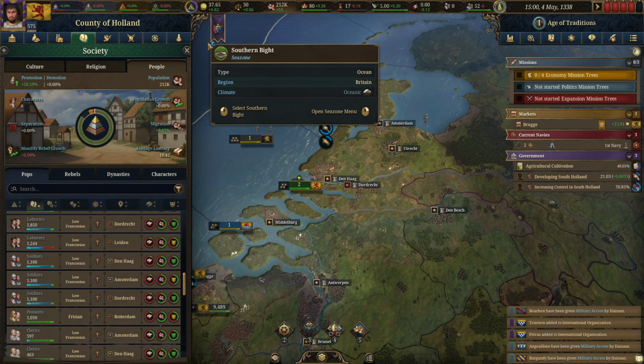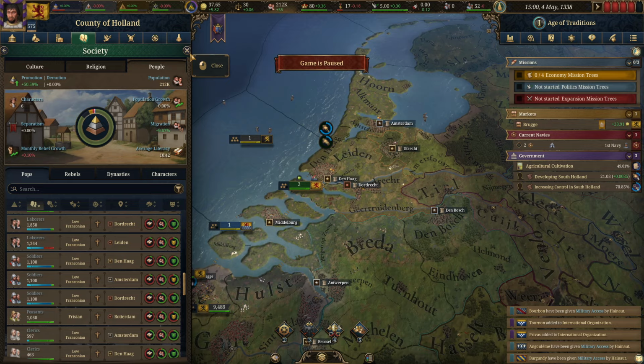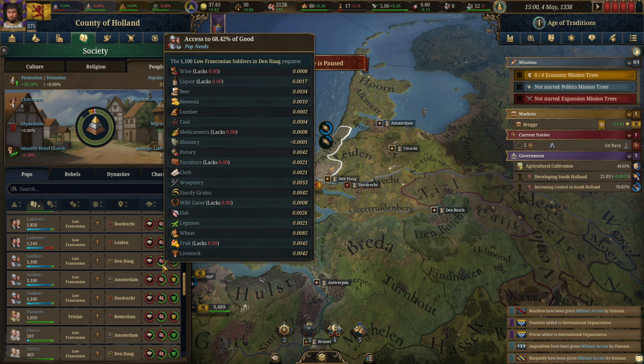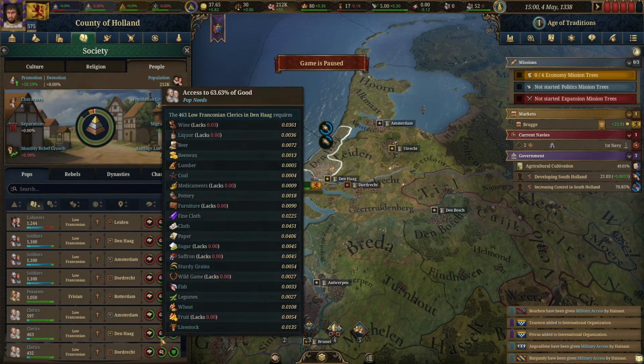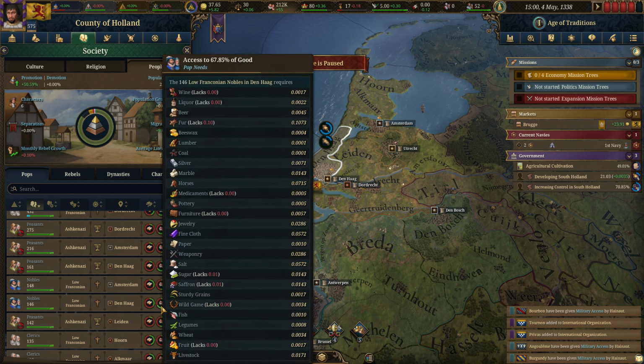This also means that when your society develops into higher standards, the hunger for better items will grow. Soldiers also need a different set of items than clerics, and clerics need other items than nobles. So altogether, the composition of people that live in a market makes up the hunger for items.